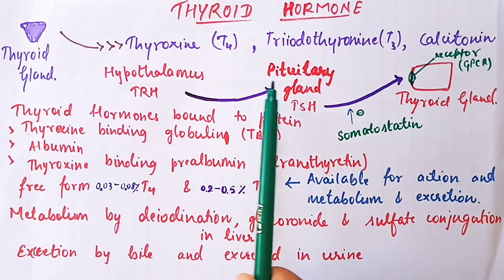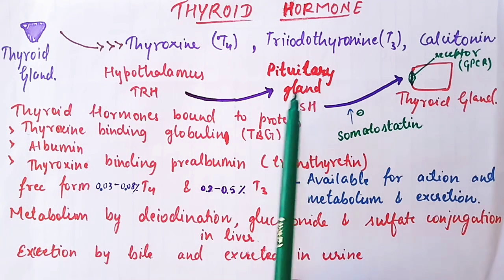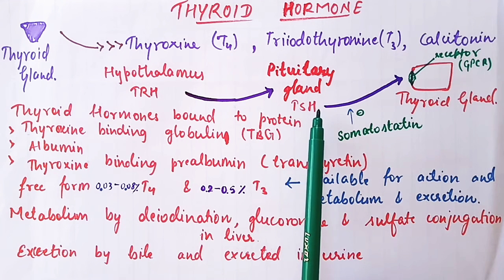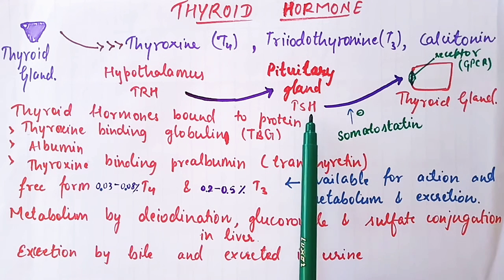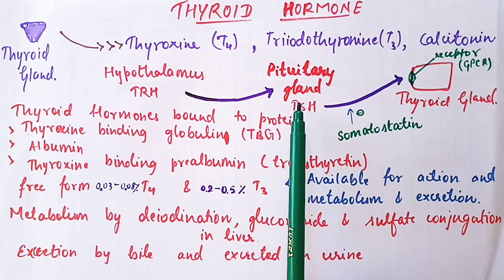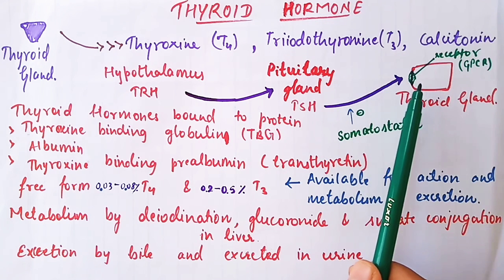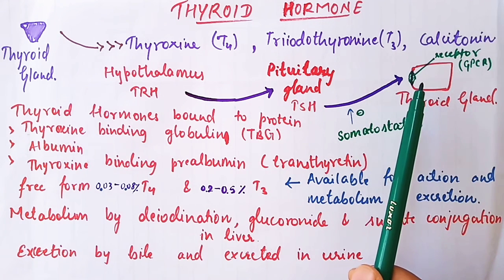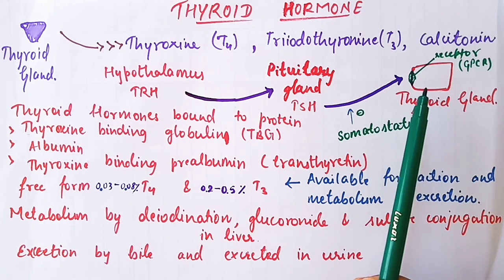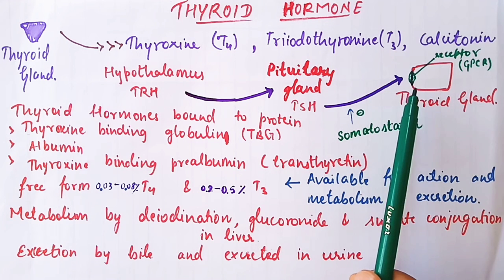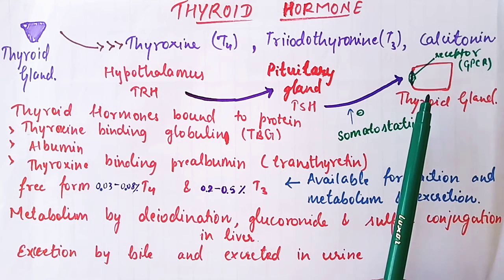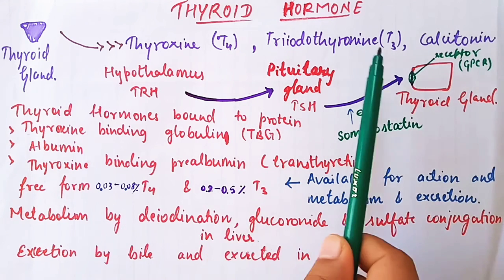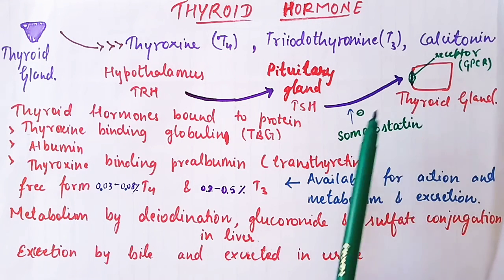It passes to the pituitary gland, where thyroid stimulating hormone is synthesized. This thyroid stimulating hormone gives a message to the thyroid gland, where through the GPCR receptor, TSH acts on it and causes the release of the hormones, that is T4, T3 and calcitonin.